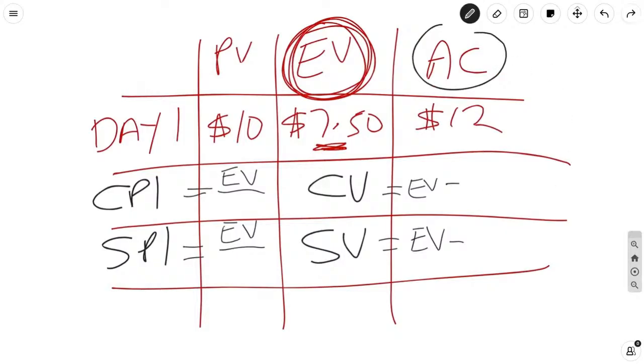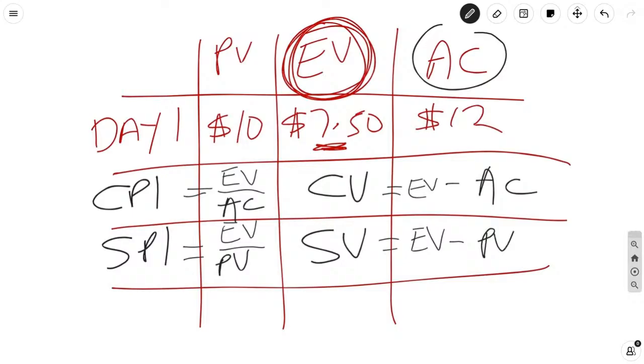So we put actual cost here and actual cost here. When we're dealing with the schedule, because remember I said the schedule is the planned value, what you planned, right? We put the planned value anywhere we have the S.